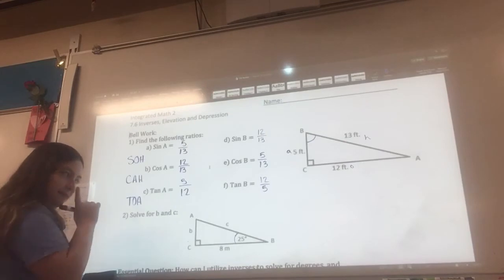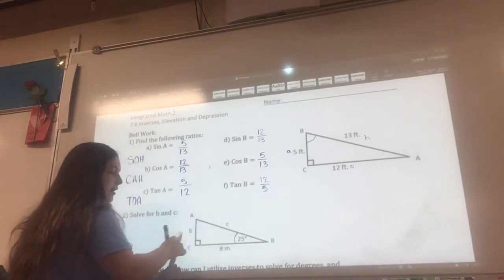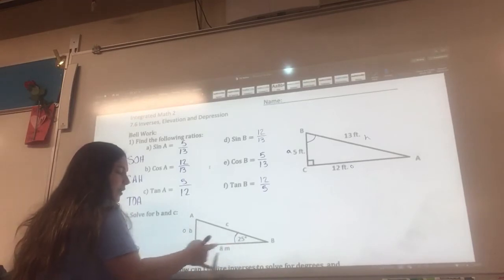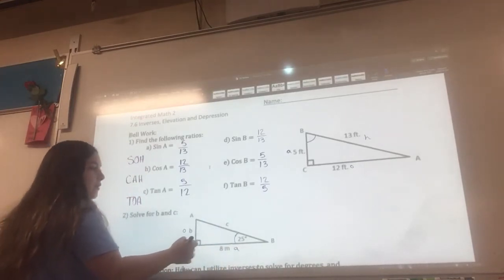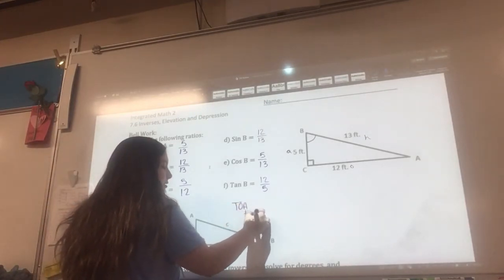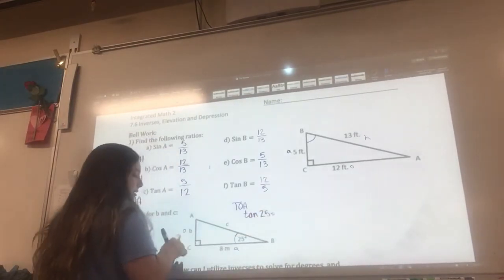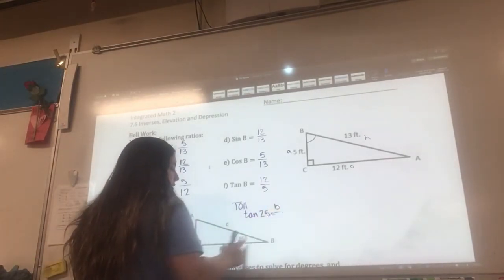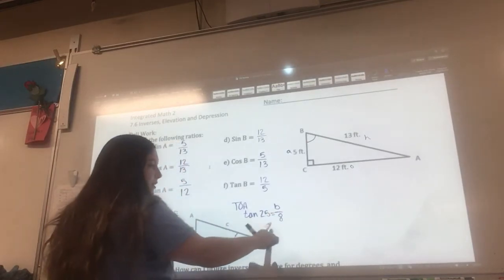We're going to start with B, which is opposite of 25, and we were given an adjacent. That should show us that we are going to be using TOA, or tangent. So tangent of 25 equals opposite B over our adjacent 8. So we're going to solve for B.